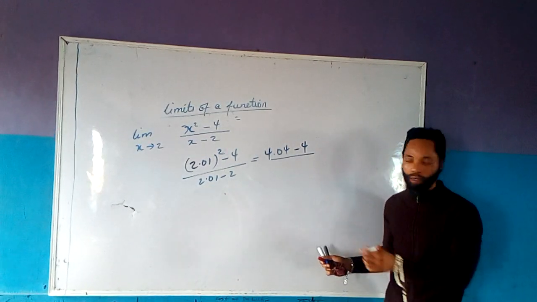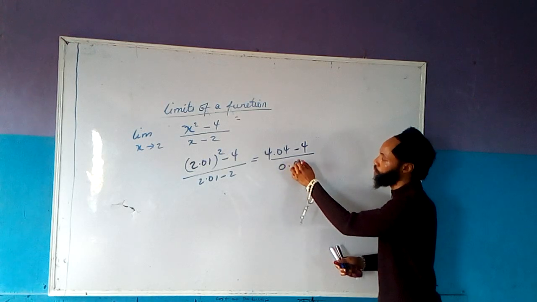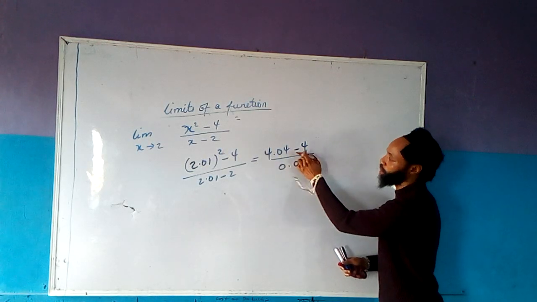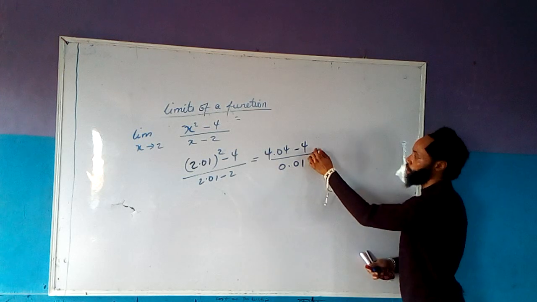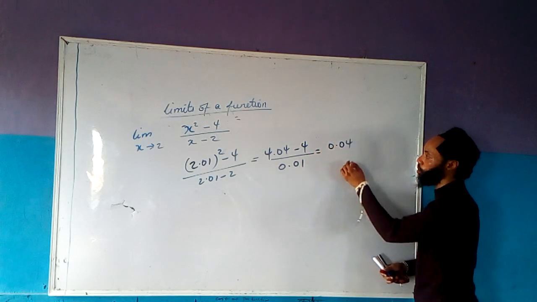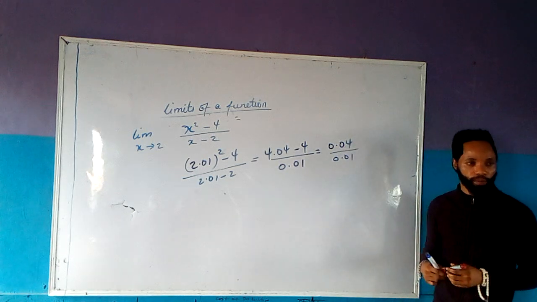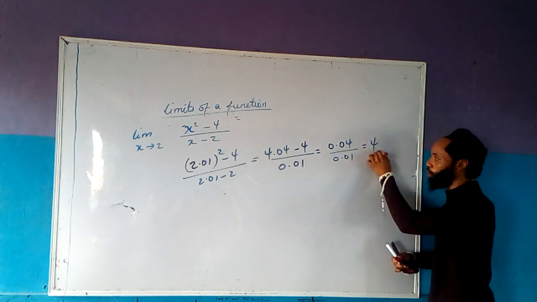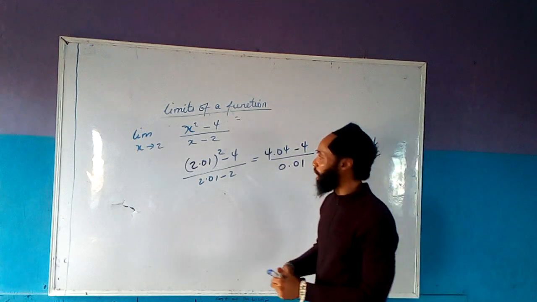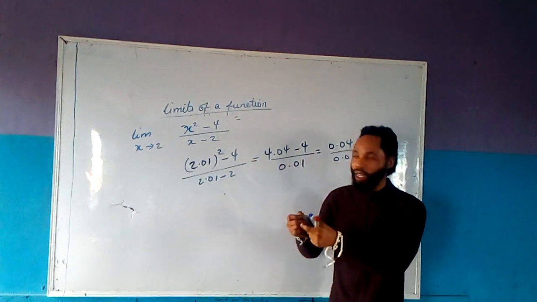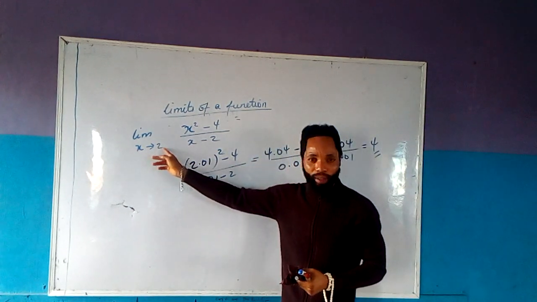What do we have? 0.01. Subtract this. What are we going to get? 0.04 all over 0.01. Divide this for us. We got a 4.